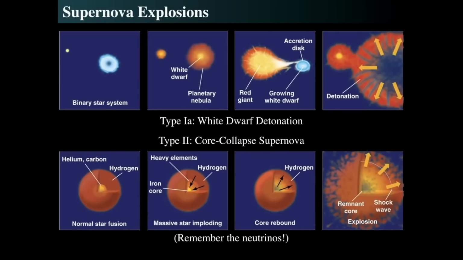And eventually there's a core, the iron can't withstand it because it takes energy, and then the core collapses. That forms a shock wave at the bottom, which then explodes the core, the star, in a massive explosion.